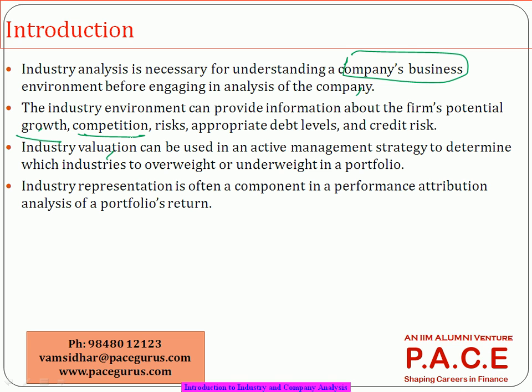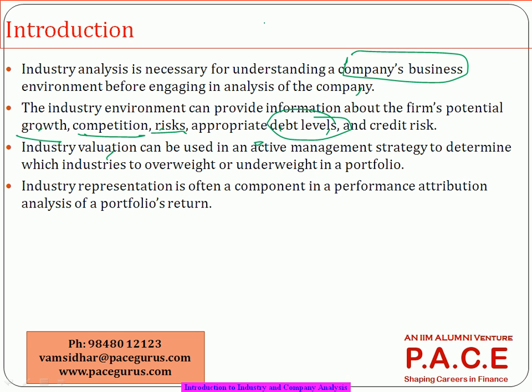So we have to really understand the industry for the various competition possible, various risks associated, right? How much debt can be taken? Is that industry a completely equity intensive industry, or is it a debt oriented kind of industry? What is the possibility of credit risk in that industry? So the evaluation of the entire industry has to be done.